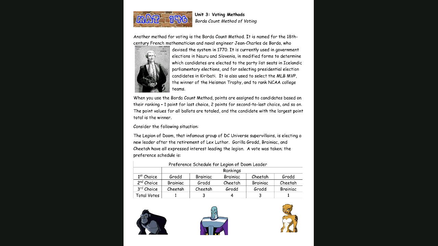The number of points that the person who is ranked first gets depends on how many candidates there are in the election. After everyone is assigned points and the ballots are totaled, the candidate with the largest point total is the winner.